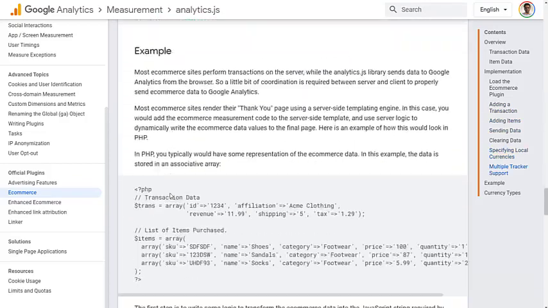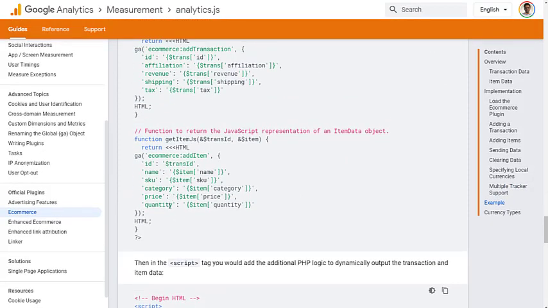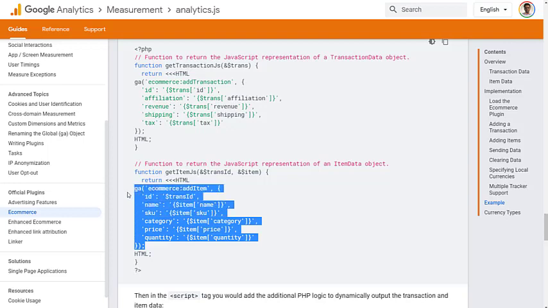We have some example codes also. It will look like this. Do you see that? It will look like this.